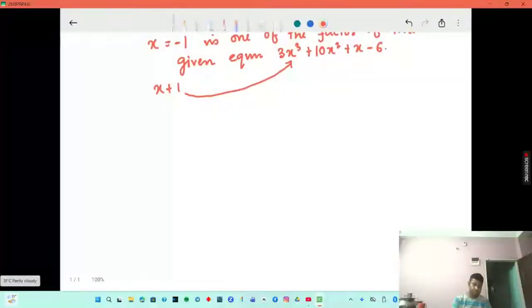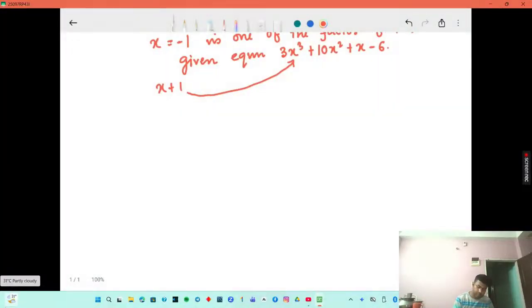So x plus 1 into 3x cube plus 10x square plus x minus 6.